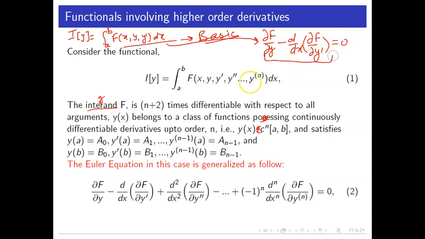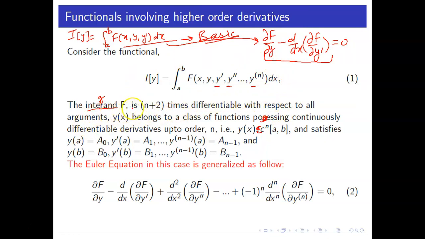Now, there can be situations where we take the functional in this form, where y is the dependent variable and x is the independent variable, and the functional involves higher order derivatives, up to order n: y', y'', up to y^(n). The question is, if this kind of functional appears in a problem, what will be the form of the Euler equation, and how can it be extended to solve this type of functional.